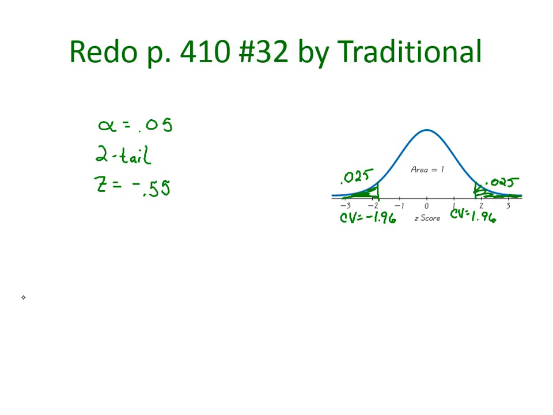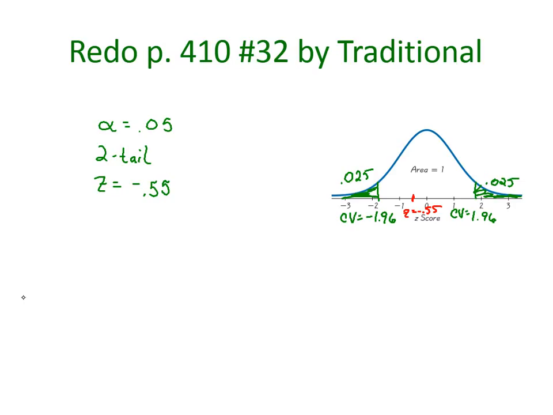Now I have to figure out where did my test statistic land. My test statistic is the negative 0.55, so it lands right about here. So is that in my rejection or my fail to reject region? This is my fail to reject.